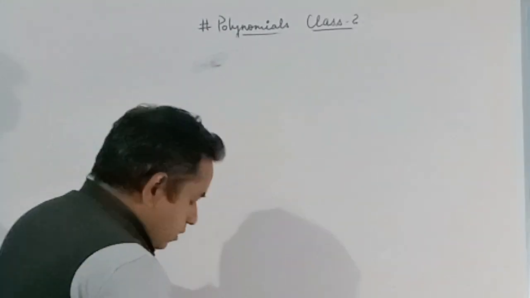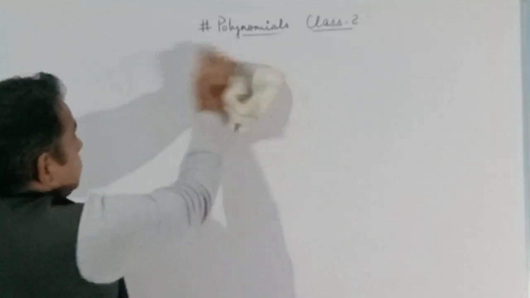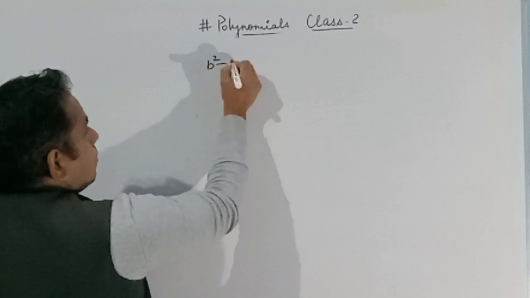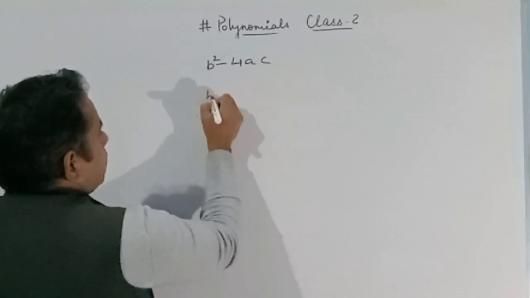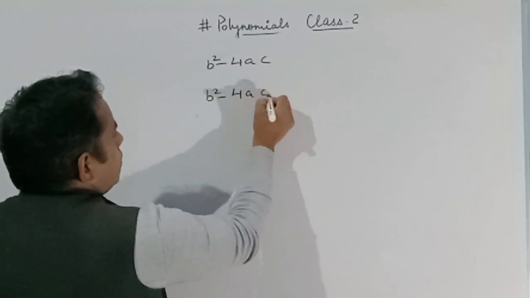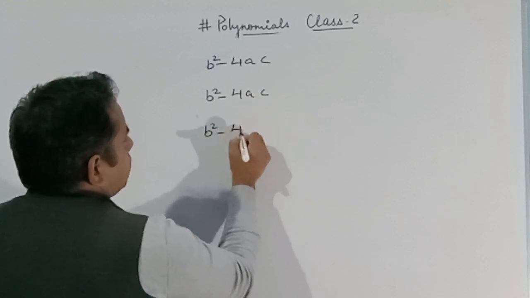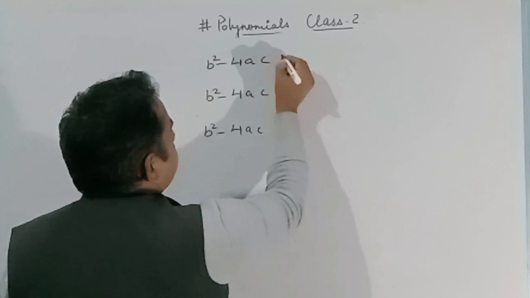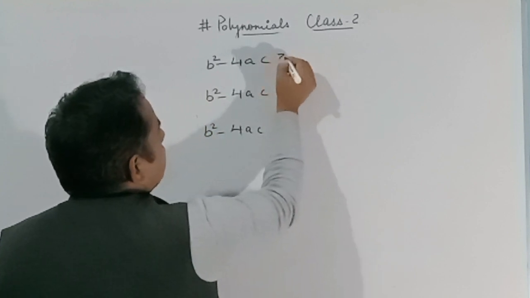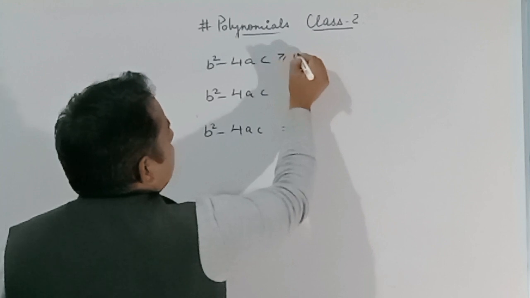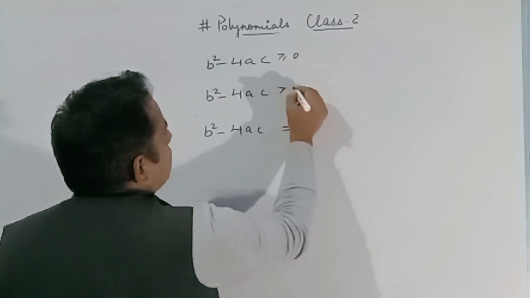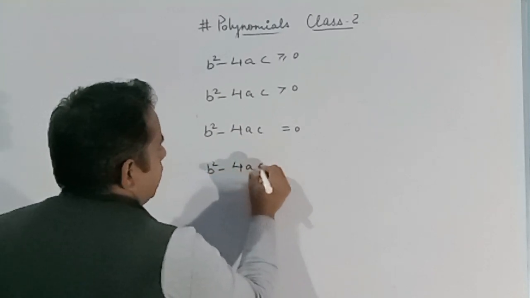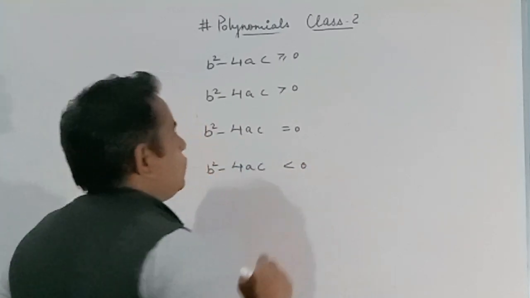We will take another color because we need to make it more visible. b square minus 4ac is greater than 0, or equal to 0, or here you can take less than 0.